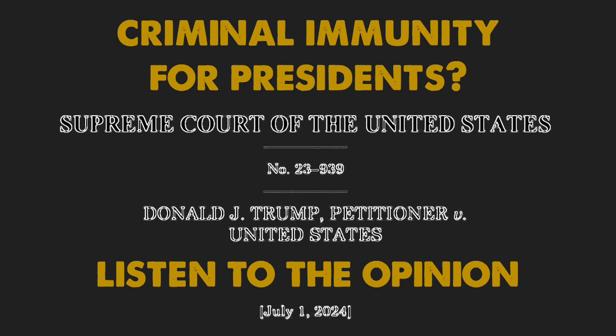2. The indictment next alleges that Trump and his co-conspirators attempted to enlist the Vice President to use his ceremonial role at the January 6th certification proceeding to fraudulently alter the election results.